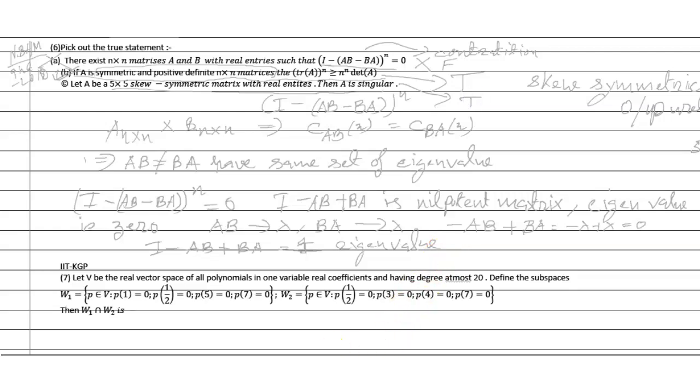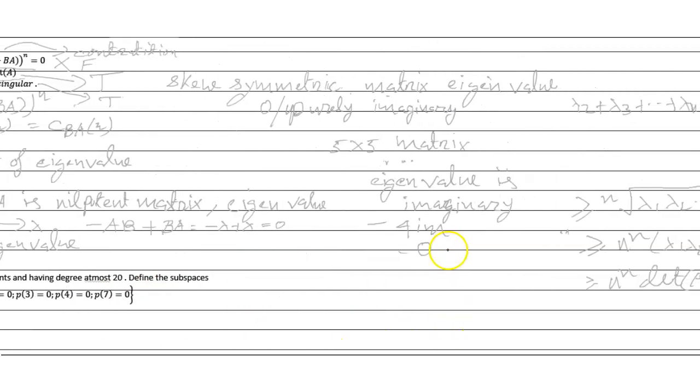Must remember friends that if an eigenvalue is imaginary, we can get another conjugate imaginary value.